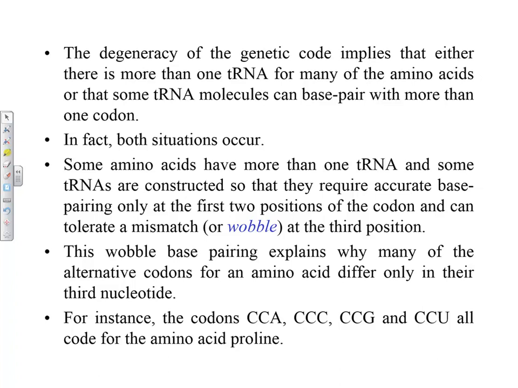The question is that 4 times 4 is 16, but we have to cover 20 amino acids. So it cannot be that in every case these four are all representing the same amino acid. So there will be cases where the third location also will be important.